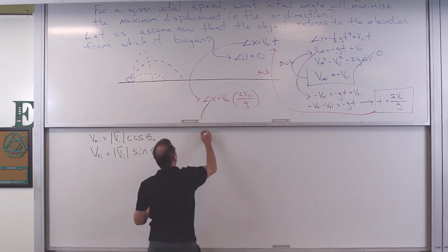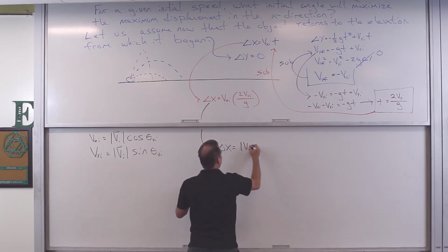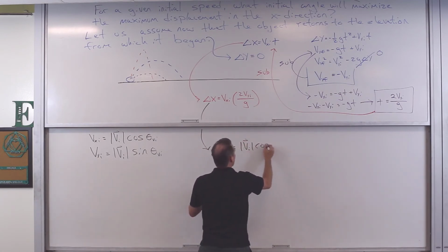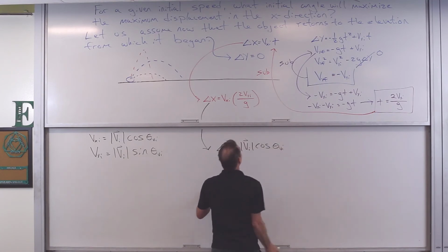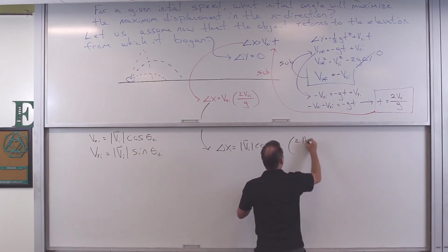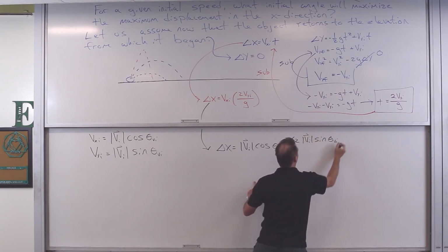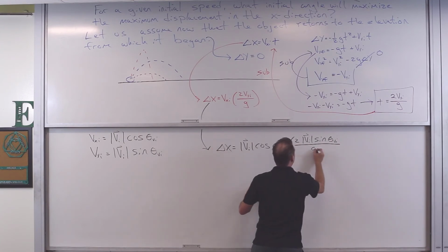So now delta x is equal to the magnitude of V initial times the cosine of theta V initial multiplied by 2 times the magnitude of V initial times the sine of theta V initial, quantity divided by g.